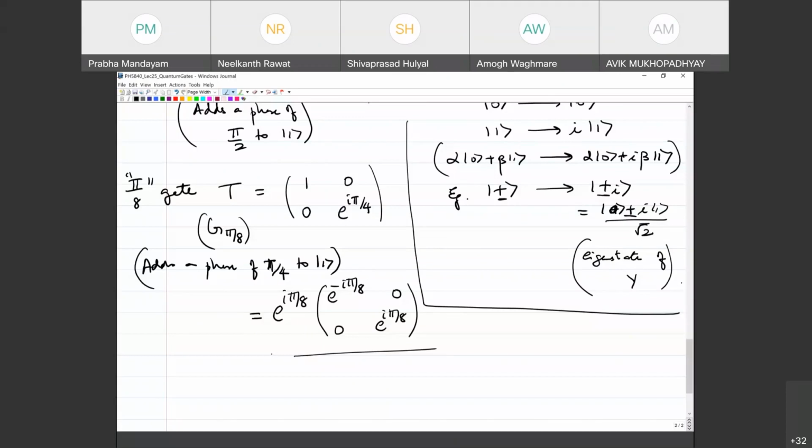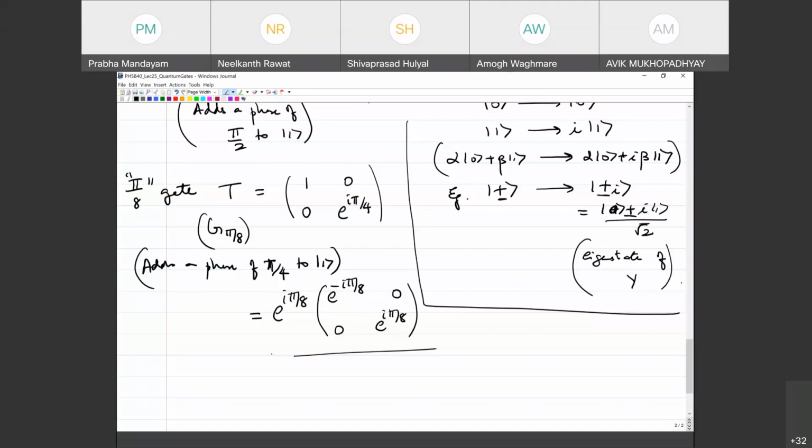The diagonal gate, right? Diagonal in the computation basis, and it is adding complementary phases to 0 and 1, right? So we'll find a way to represent this gate in terms of the Z gate. We'll look at that shortly. But this is the reason that it's called the pi over 8 gate in the literature.